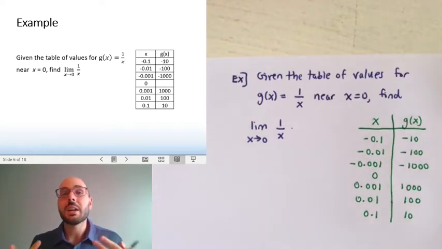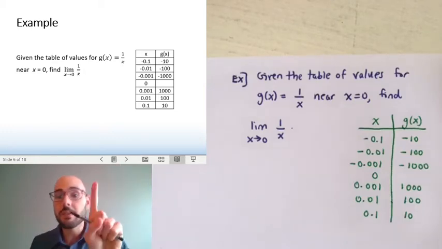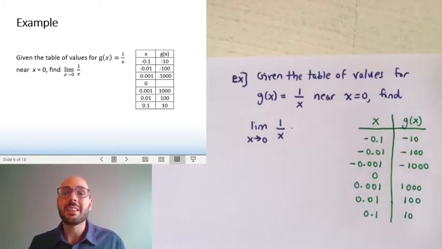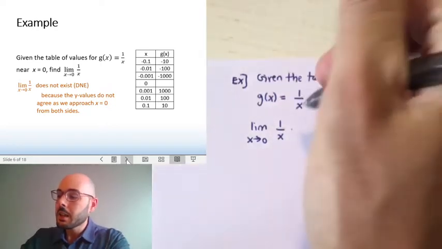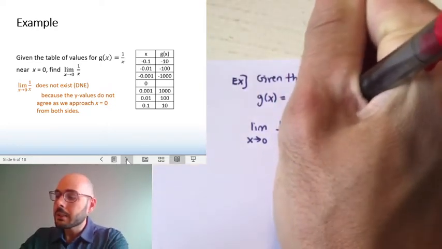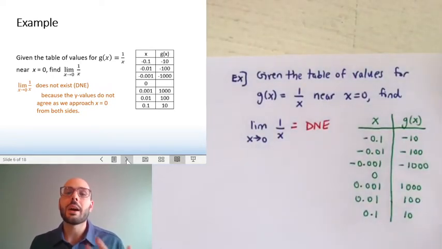When our y values don't agree, our pattern does not result in one final answer, then we say the limit does not exist. And we often write DNE, does not exist. So in this case, we would say this limit does not exist. And it's really because the y values don't agree as we approach 0 from both sides.